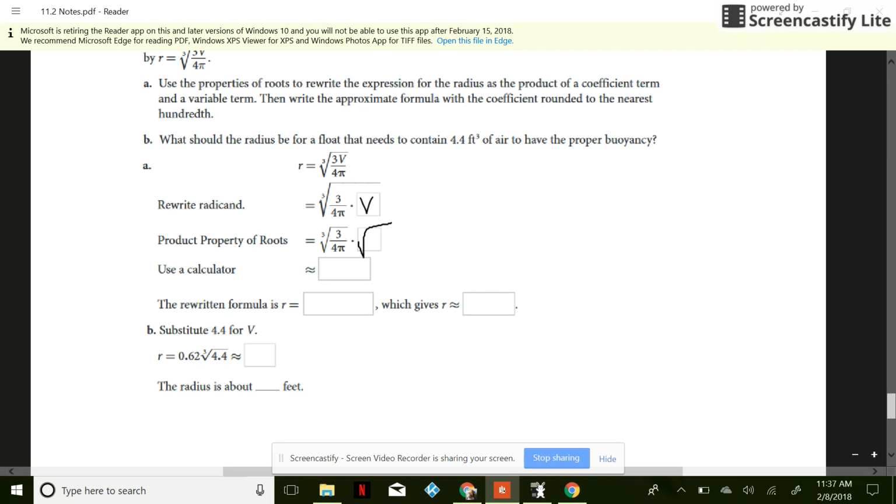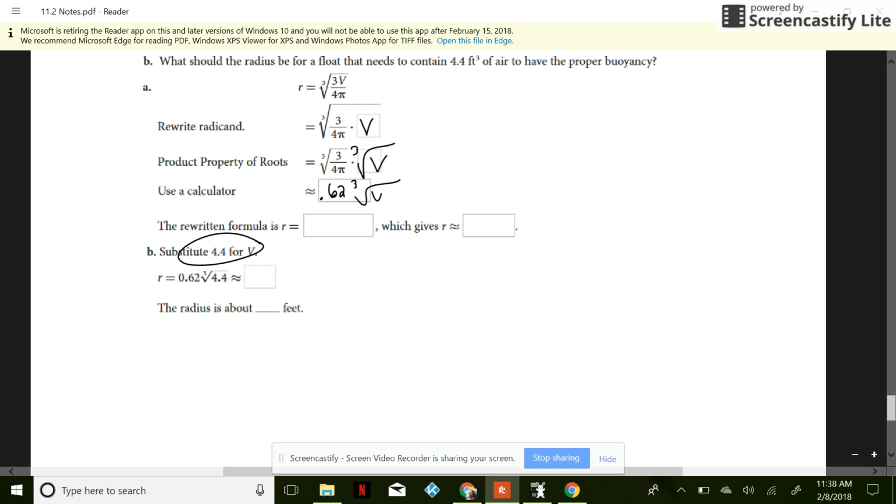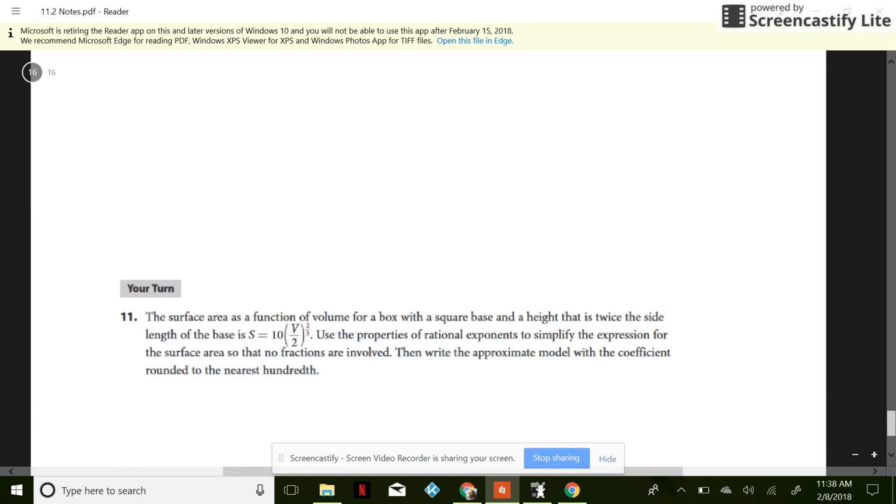Now we can separate out the root. You can use your calculator. The cube root of 3 over 4 pi ends up being about 0.62, and then we've still got the cube root of v. So if we want to substitute in a value, we'll plug that in. You end up getting about 1.02. So then the radius is 1 foot.